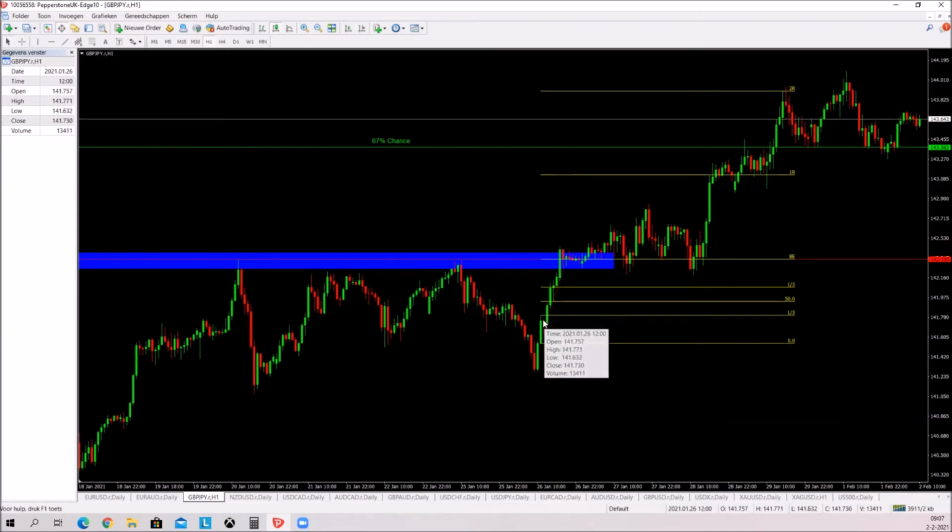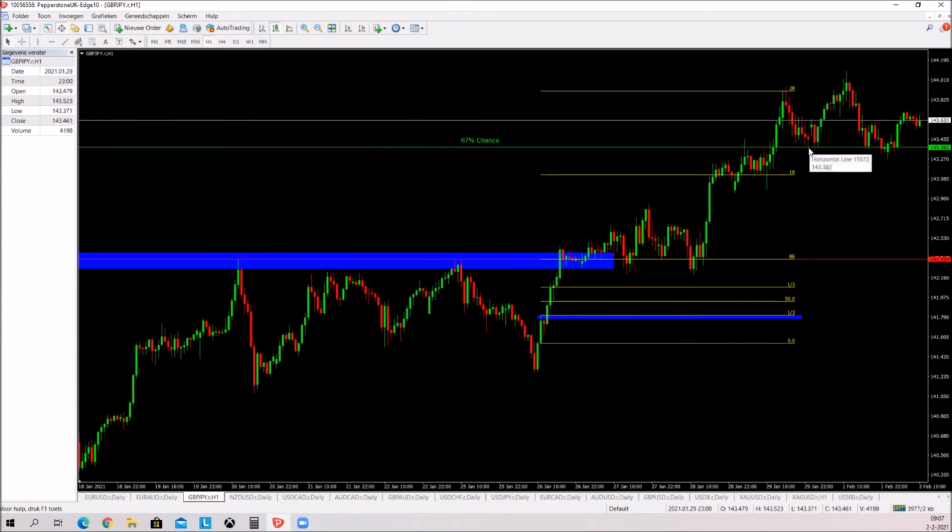So I consider that part of the level, and based on my journal, I know that if I have a clear level and I put my stop loss below here, so below the last high pre-breakout, the chances of this hitting will be 67%. And the payout, as you can see, is around 1.3 R, so that's really a good edge. Another thing, this is a clear reaccumulation pattern, which Wyckoff talks about.